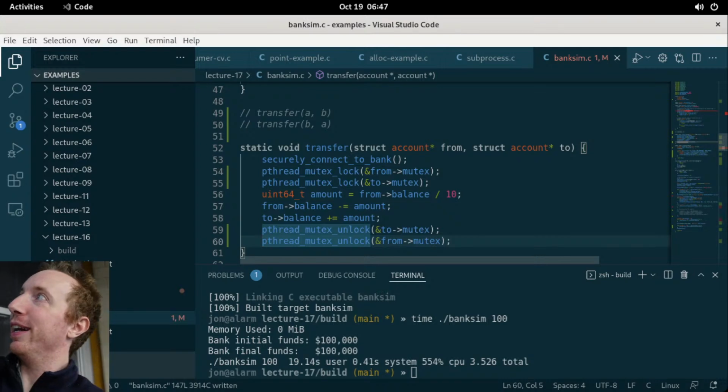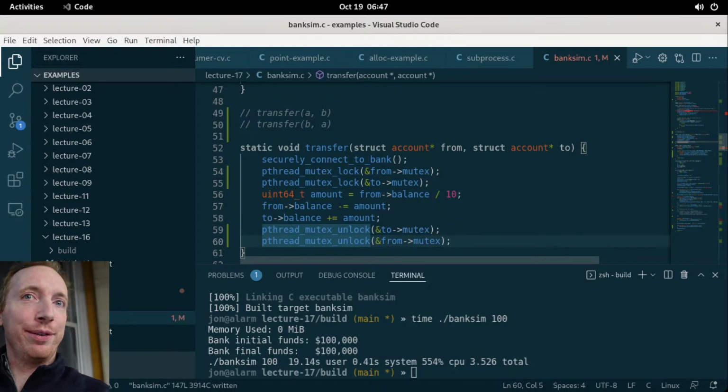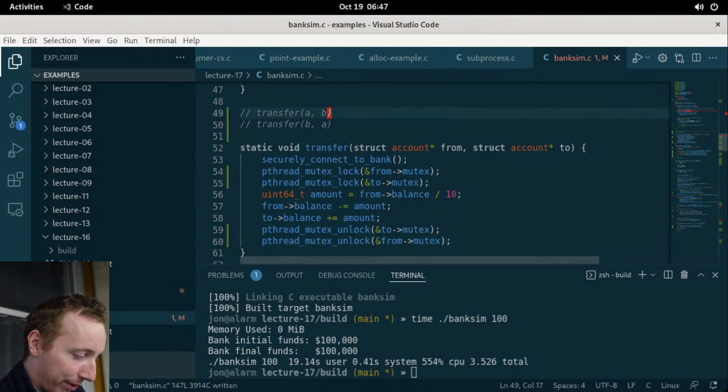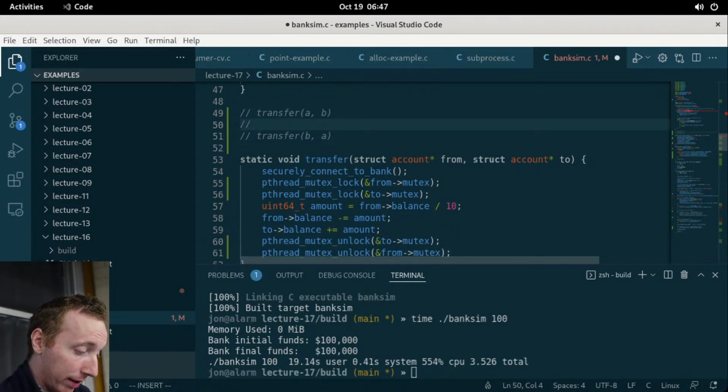Yeah, but the locks are actually by pointers. So from and to don't always refer to the same locks. So in this case where I have transfer B to A, from is A, so it would get that lock first.